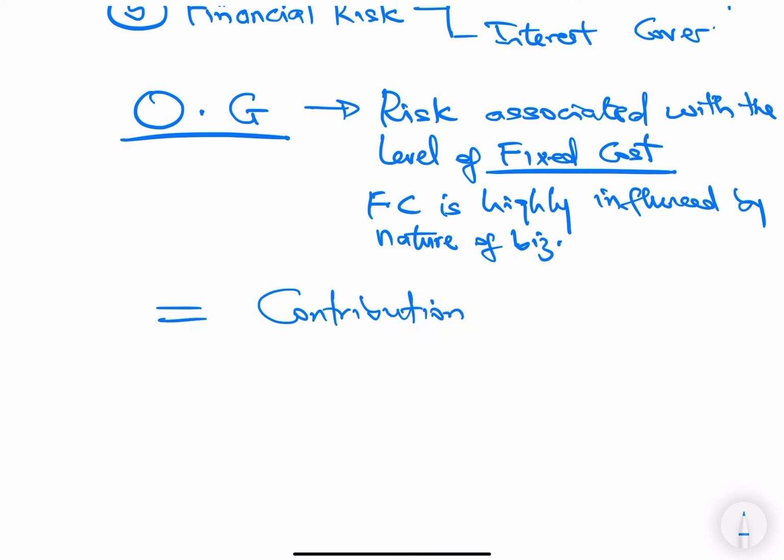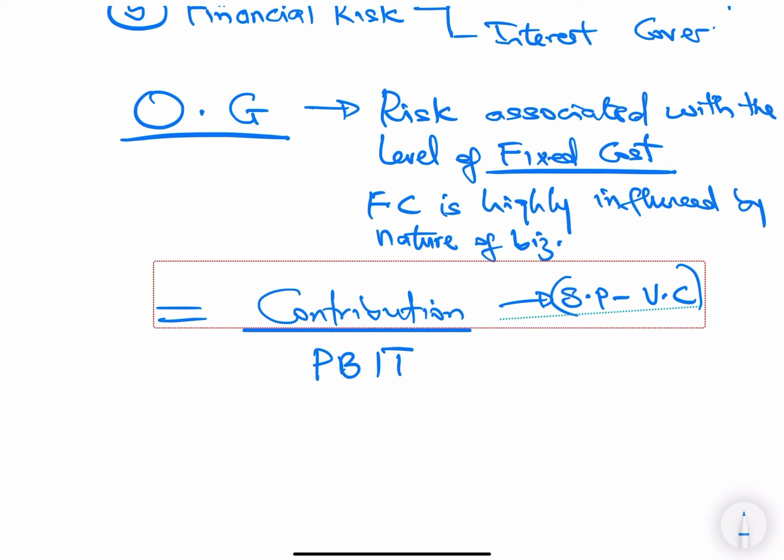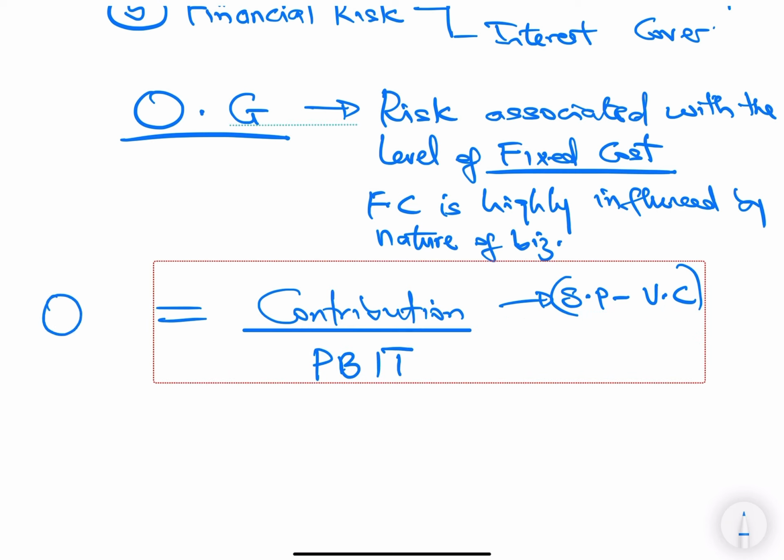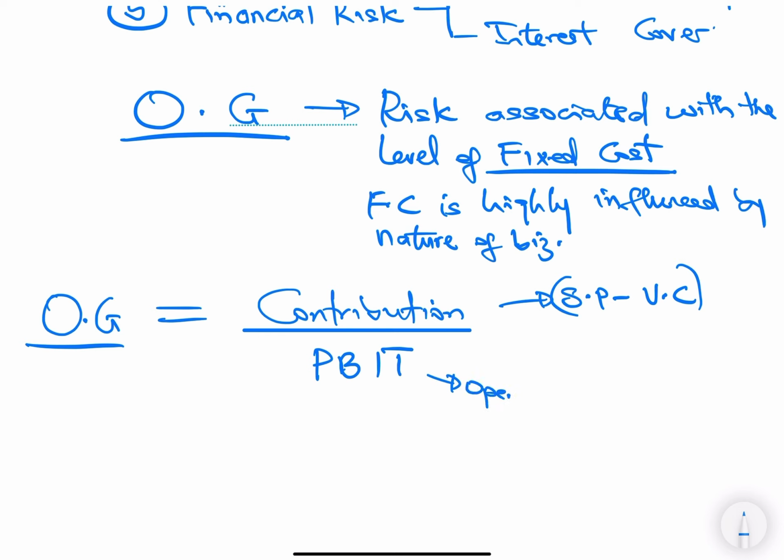Remember, the formula for contribution usually is your selling price minus variable cost. So contribution divided by profit before interest and tax. This is your operating gearing formula. So this is what you're supposed to calculate for operating gearing. And your profit before interest and tax is the same thing as your operating profit.